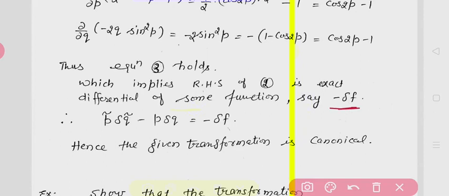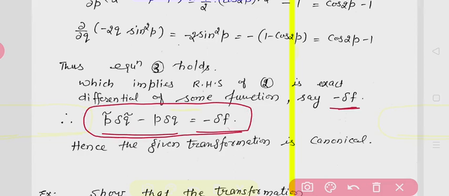So that means what was that? हम क्या लेकर चले थे? P tilde into delta q tilde minus P delta q is equal to minus of delta f. So what does it mean? That means the given transformation will be canonical, by using this condition.